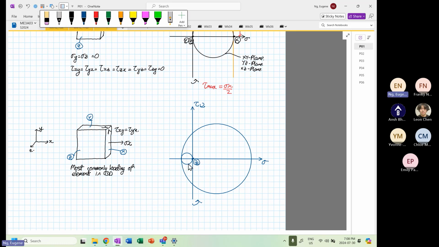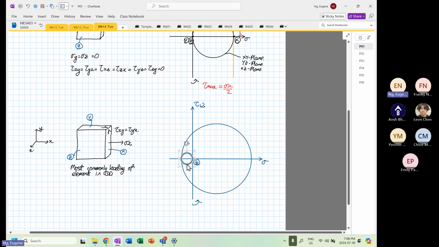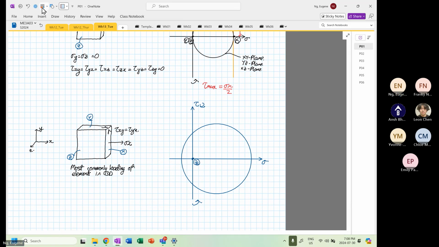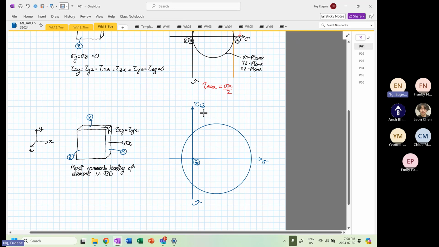No, sorry, it should not. Hold on. I have to shift this slightly. Okay, so this is right. This is one of our circles. Then we have another circle. I do apologize. So 2, 4, 6, 8. We have another circle over here.